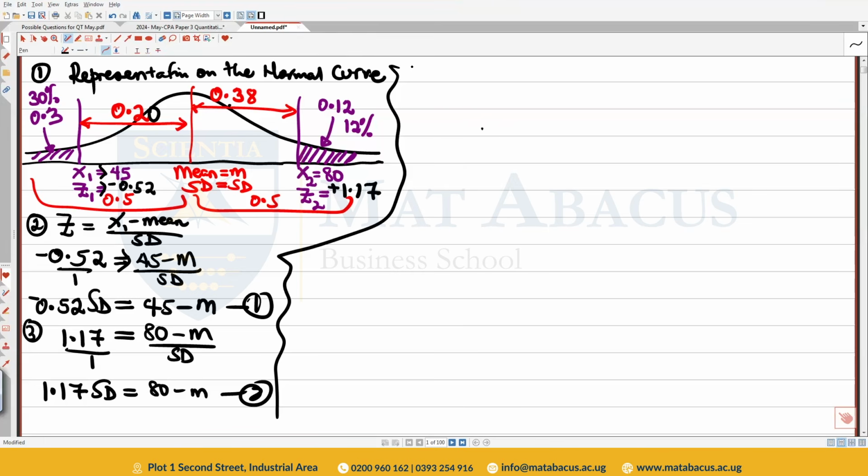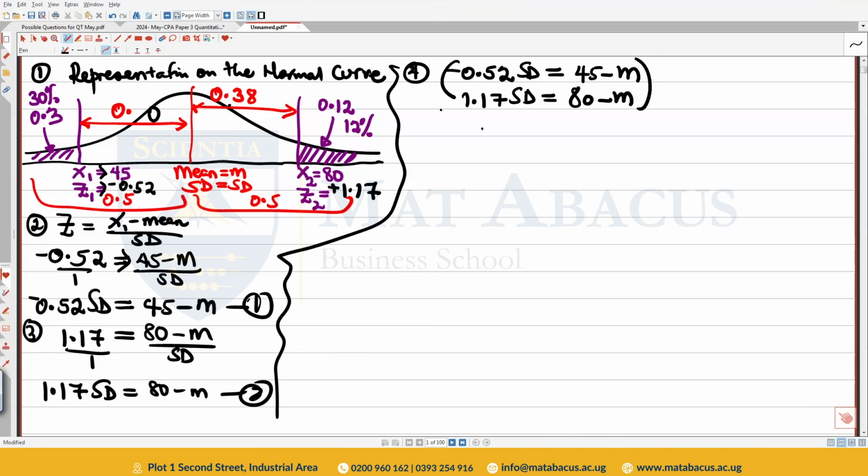So the equations are, we are now on step number 4, negative 0.52 SD being the same as 45 minus M, or we can even start it from the other way around. Another one is 1.17 SD being the same as 80 minus M.